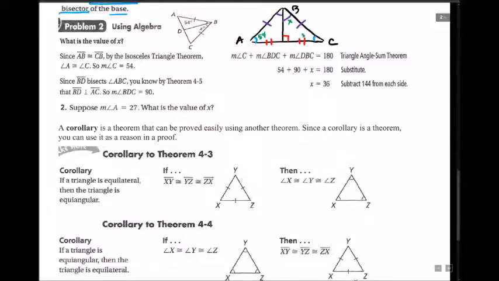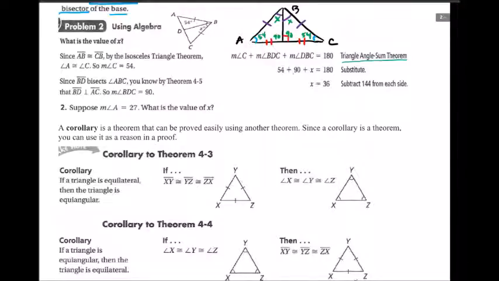Well, I can label this 54 degrees, and this x degrees, and this 90 degrees, and this 90 degrees. And now it's easy enough to find x using the triangle angle sum theorem. 54 plus 90 plus x is 180, so I can find x.